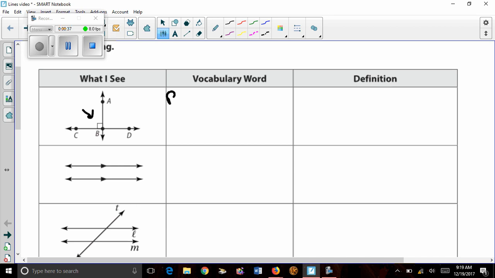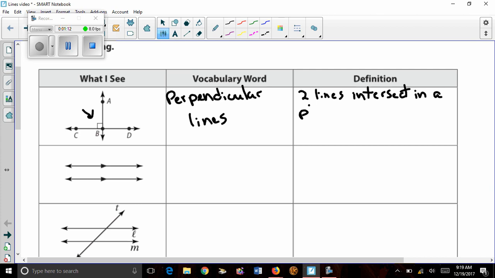That means it represents perpendicular lines, and the definition for that is two lines that intersect in a plane and form right angles.